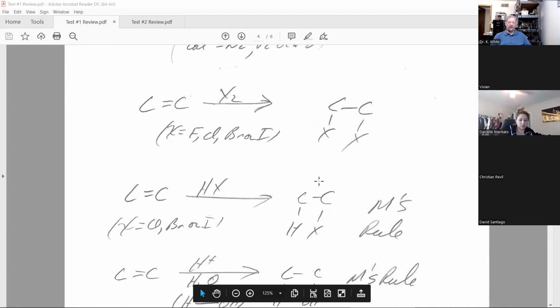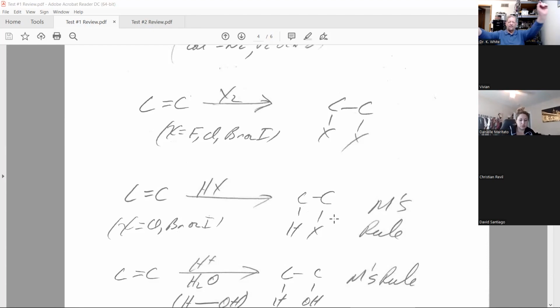And the first case I taught you was the double bond reacting with HX, hydrohalogen acids, where X in this case is chlorine, bromine, or iodine. You break the pi bond, one carbon gets H, the other gets X, and it follows Markovnikov's rule. And that is, the carbon of the double bond with the most hydrogens gets the hydrogen, the other carbon gets the halogen.